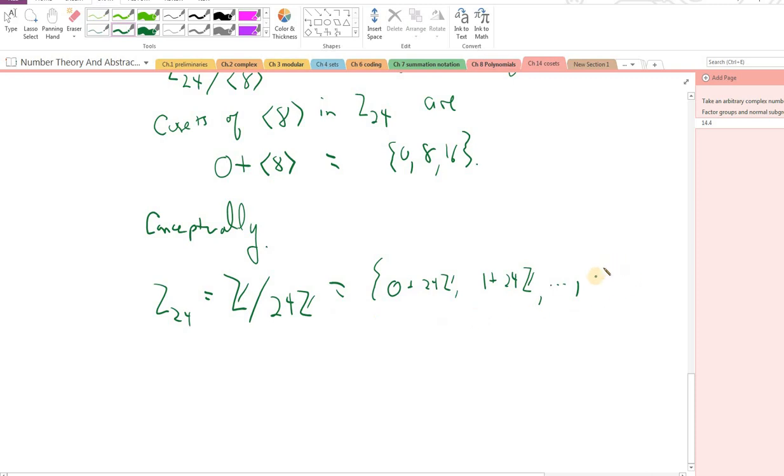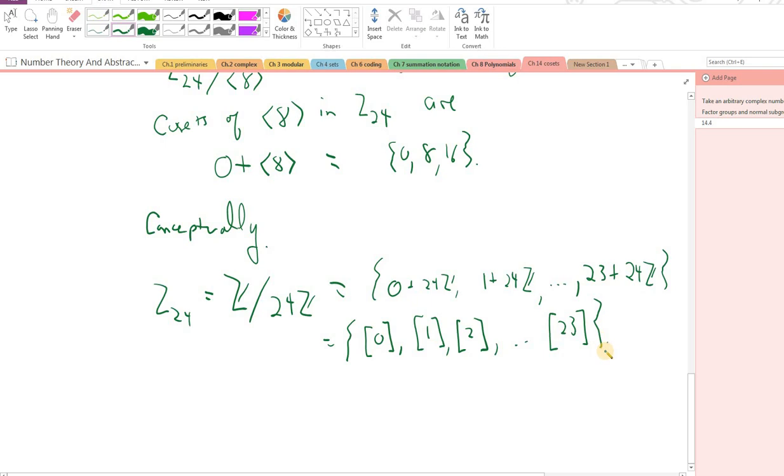It's 23, because when you get to 24, you get back to 0. 24 is in 0 plus 24Z. All right, now this is equal to equivalence classes. The equivalence class of 0, that's the whole point of doing the equivalence class chapter, 1, 2, 23.